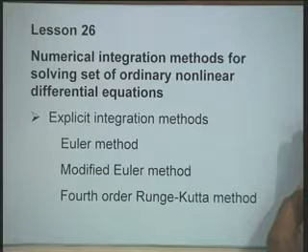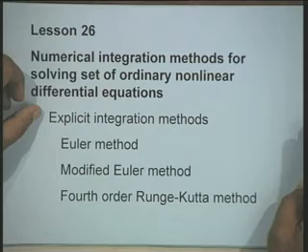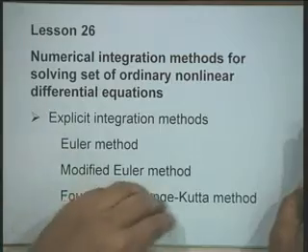Under the explicit integration methods, we will discuss briefly the Euler method, modified Euler method and fourth order Runge-Kutta method. Although a number of other techniques are available in the literature, we will confine our discussion to these three techniques which come under the category of explicit integration methods.